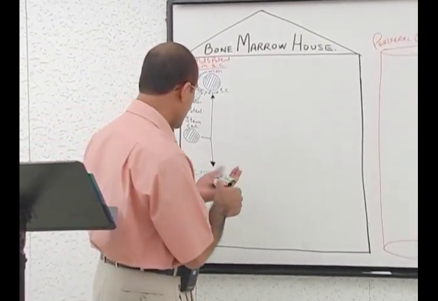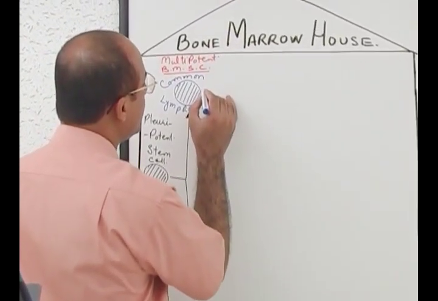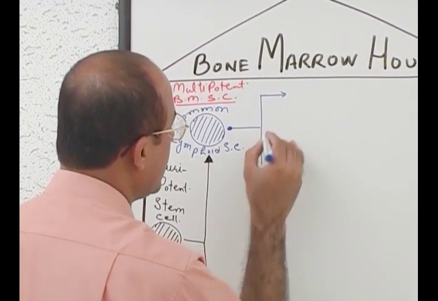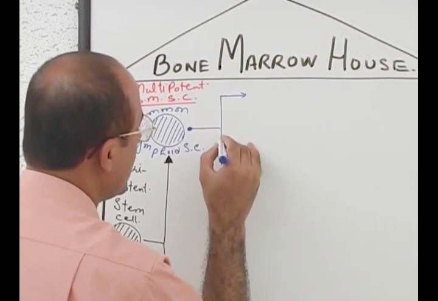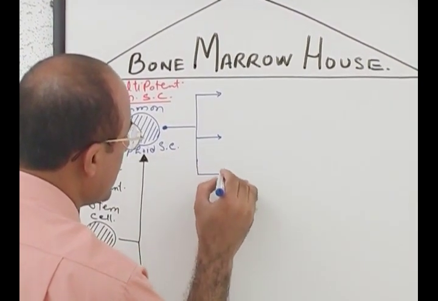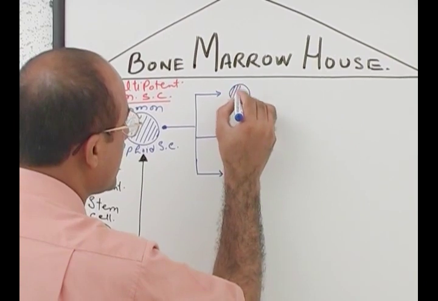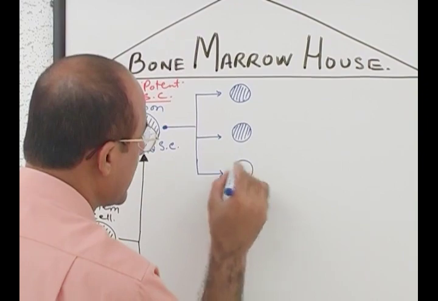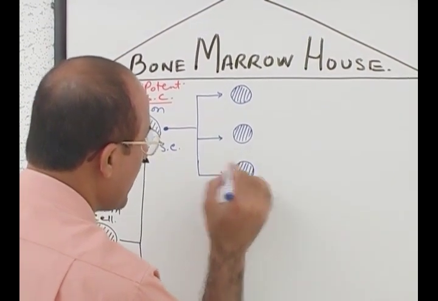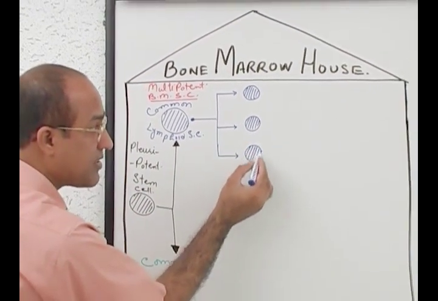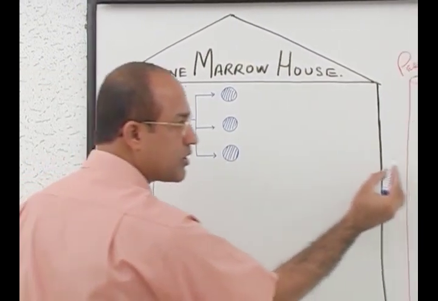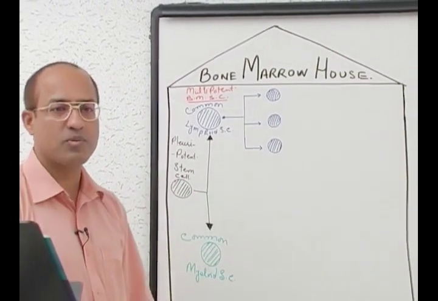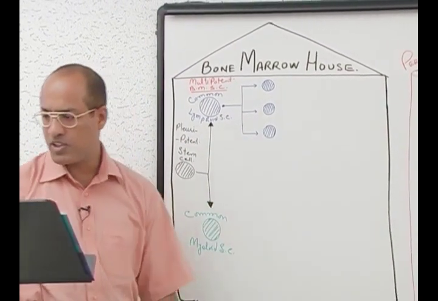For example, here there are 3 stem cells, and these are called committed stem cells because they are now committed to produce a unique line of mature cells, but still they are stem cells, because whenever this cell multiplies, not only will it produce a mature product for the blood, but it will maintain its own population as well.